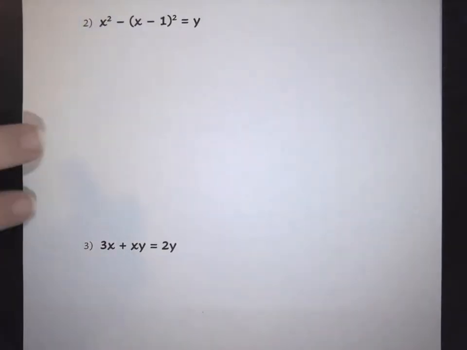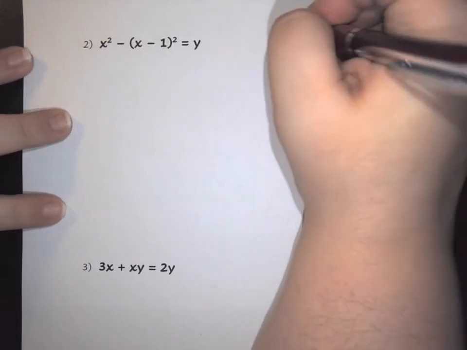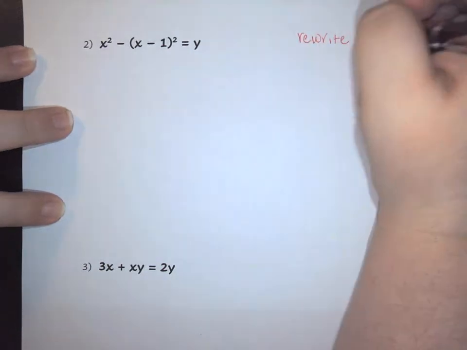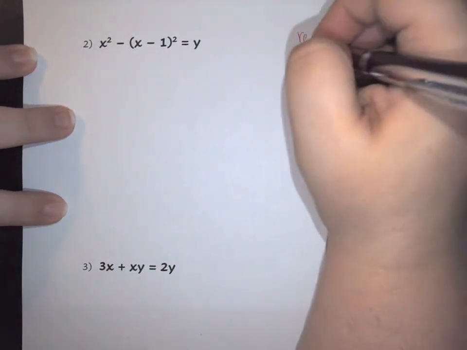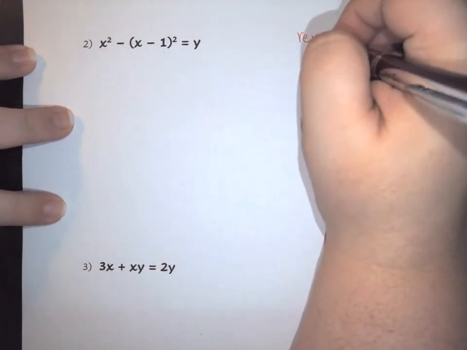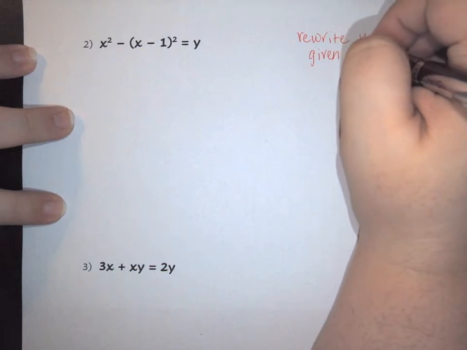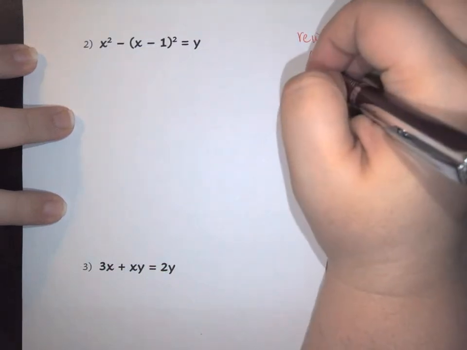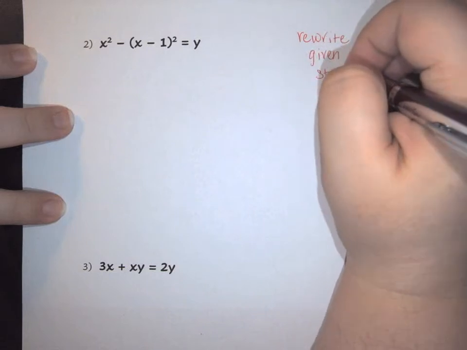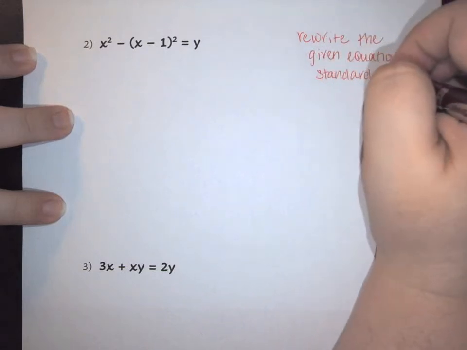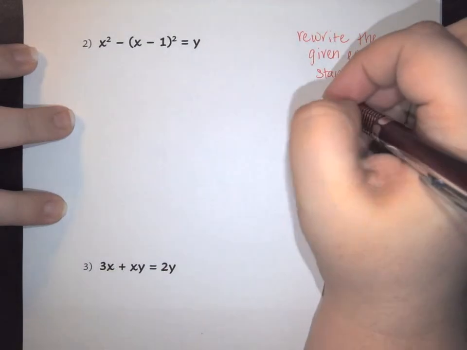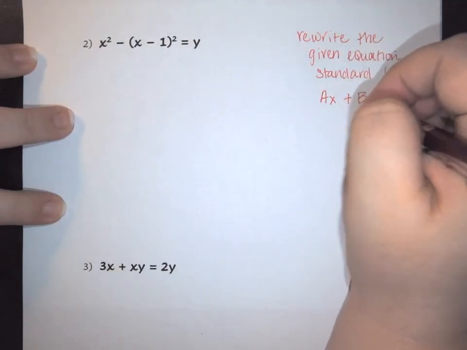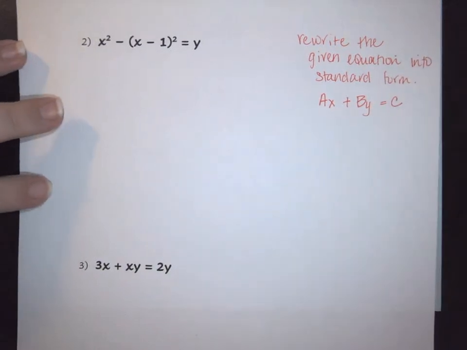Instead, what we want to do is see if we can rewrite the given equation into standard form. Now, standard form is the form ax plus by equals c.